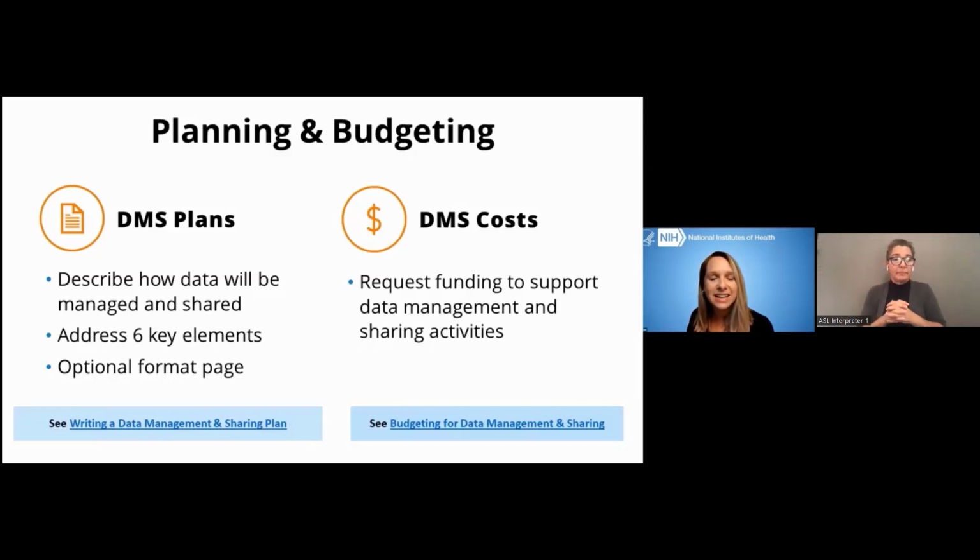And we really recommend taking a look at our page on writing a DMS plan for all these details. Regarding costs, you are allowed to request funding to support the data management and sharing activities that you describe in your plan. And we would like to point folks to our page on budgeting for DMS for all these details on the allowable costs and where to put your budget.